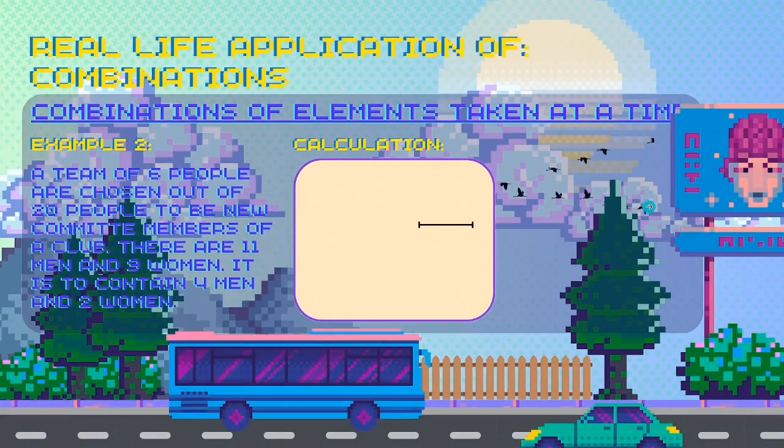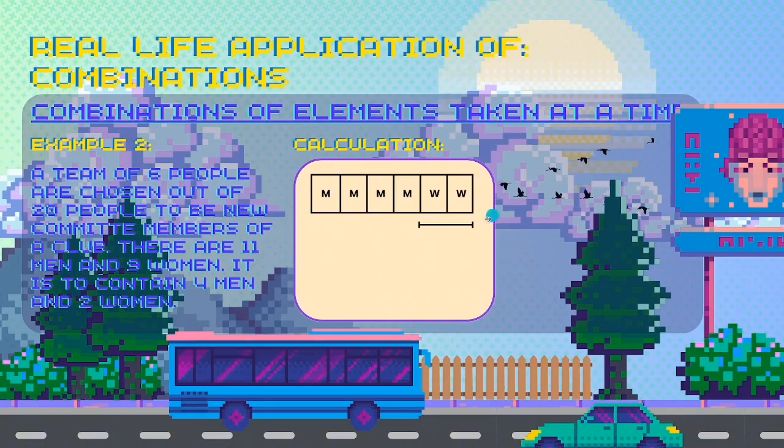Moving on from the previous question, our second example will be the same as the first, except there are extra requirements. As you can see, there are now 11 men and 9 women. It is to contain 4 men and 2 women inside of the committee. So how do you find the number of possible ways they will be chosen, if you may ask? We can put them in a table form, so it will be easier for us to deal with this.